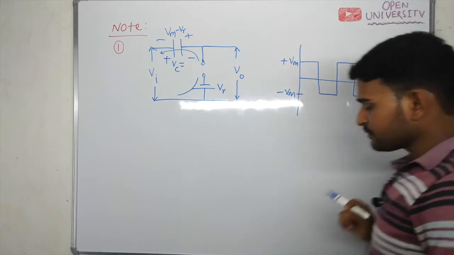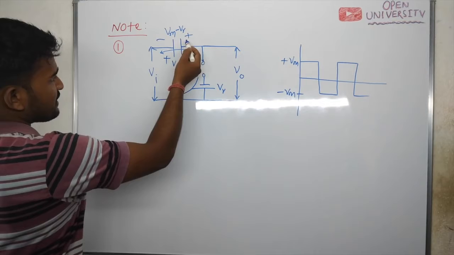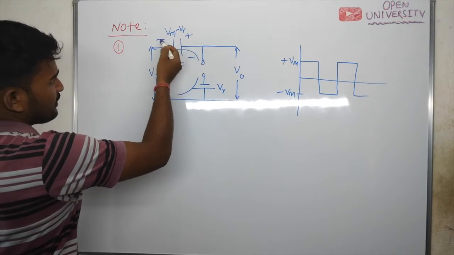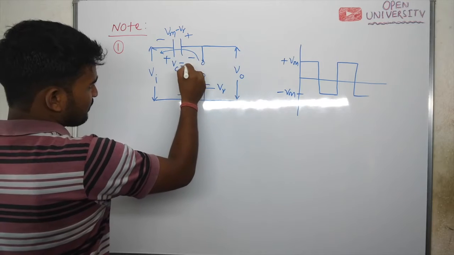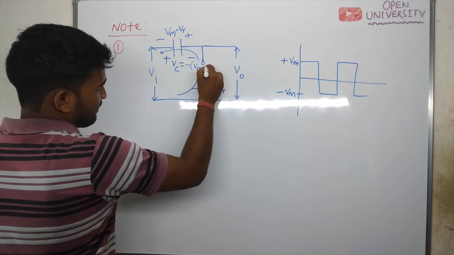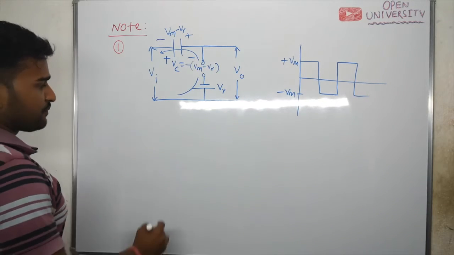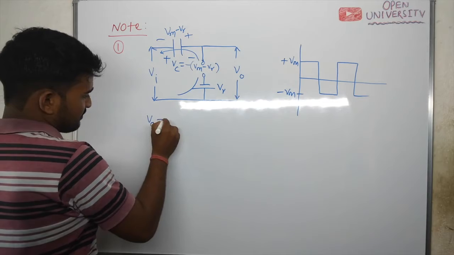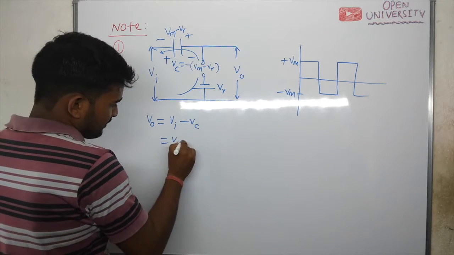Then you can say what is Vc? Vc will be minus of Vm minus V gamma. So what is the output voltage? V naught equal to Vi minus Vc. What is Vc?